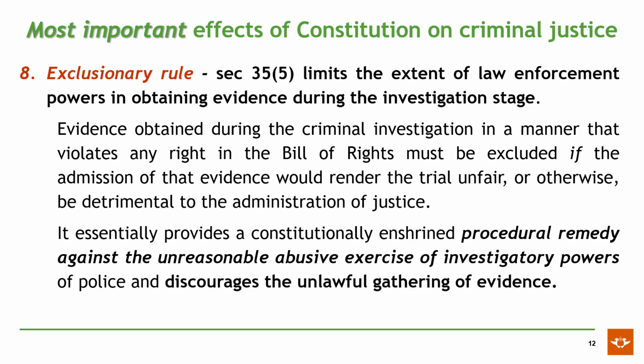It essentially provides a constitutionally enshrined procedural remedy against the unreasonable, abusive exercise of investigatory powers of police, and therefore it discourages police from gathering evidence in an unlawful way, because that evidence would then not be capable of being used during trial.